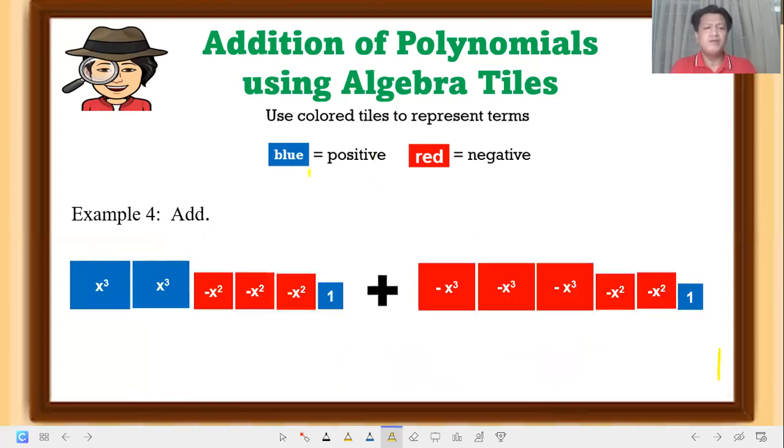Okay, another we have number 4. I have here x cubed na dalawang blue tiles natin at tatlong x squared na red tiles at 1 blue na constant. Dito naman we have 1, 2, 3 na x cubed na red. And we have 2x squared na red and 1 constant na blue.